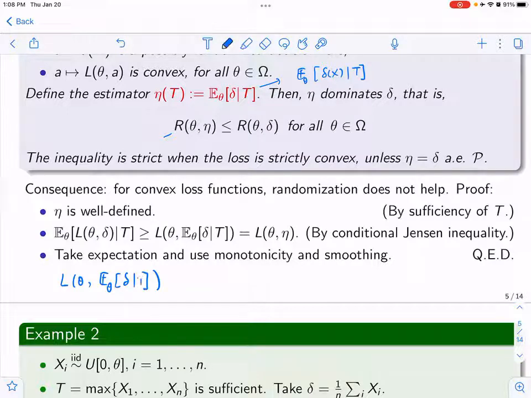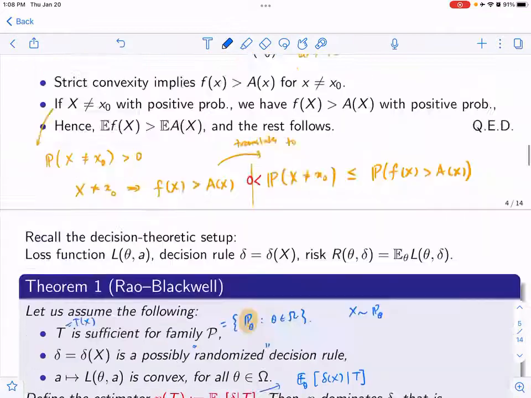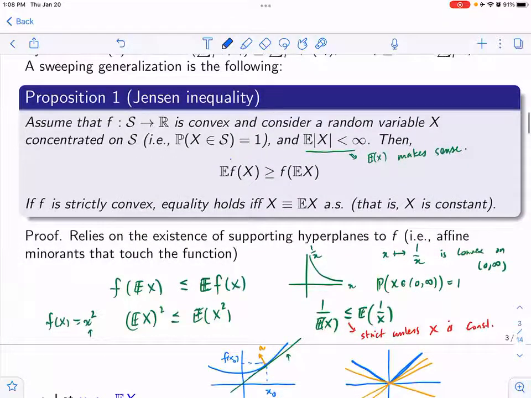This is true. Think of this operation as a new conditional expectation, as a new expectation operator. So this works if I condition on something else everywhere, right?